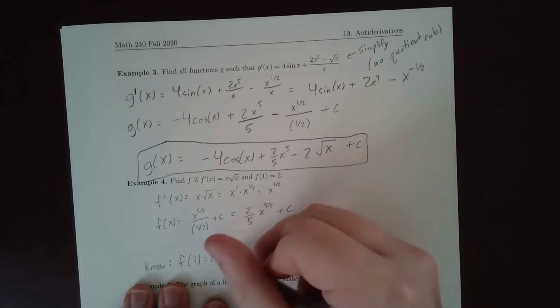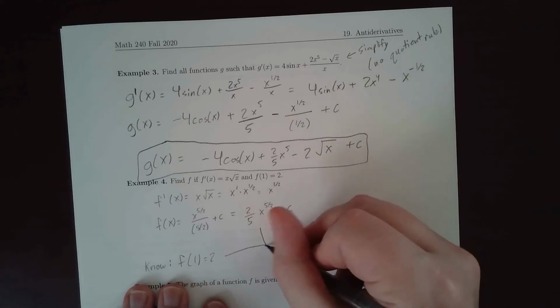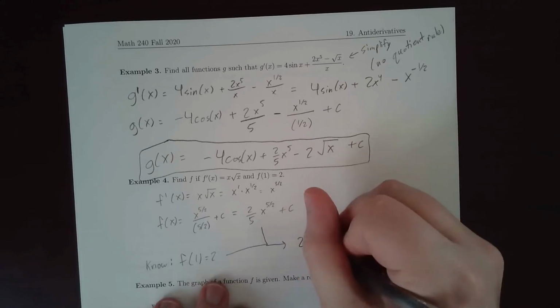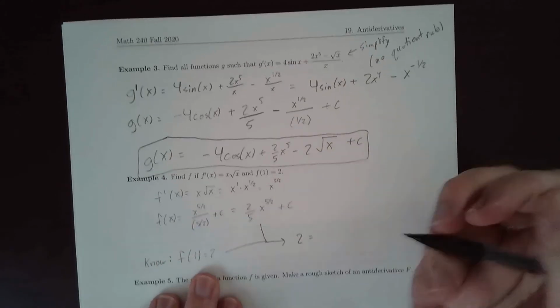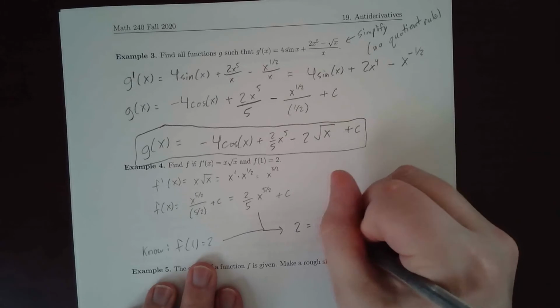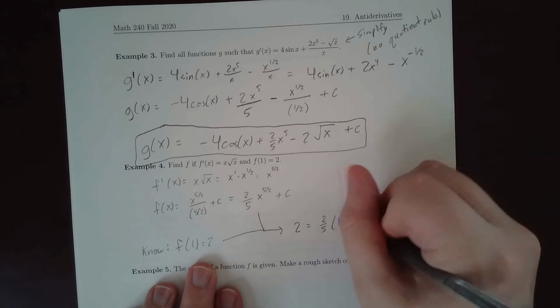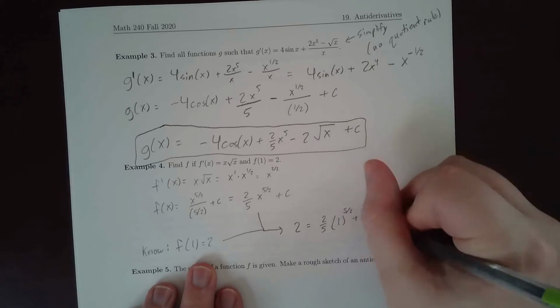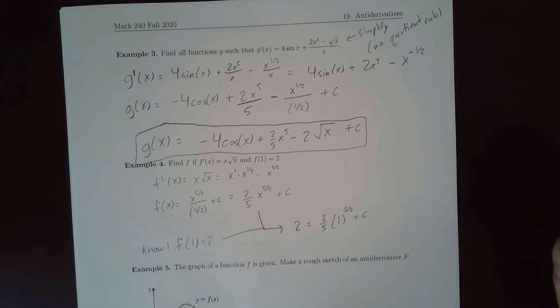So taking this information and this information and putting them together, what that means is that 2, which would be f of 1, would be equal to 2/5 times 1, the x, to the 5/2 plus c. Now we don't know what c is yet, but we can find out.